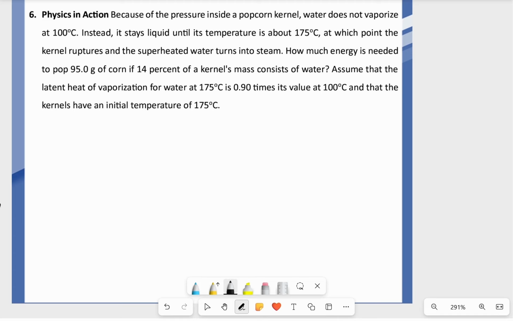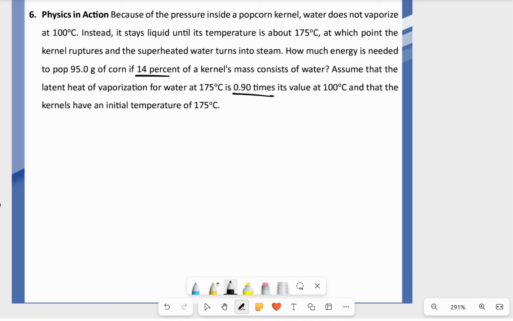Now, how much energy is needed to pop 95 grams of corn if 14% of a kernel's mass consists of water? We're going to need this information carefully. Assume that the latent heat of vaporization for water at 175 Celsius is 0.9 times its value at 100 Celsius, and that the kernels have an initial temperature of 175 Celsius.